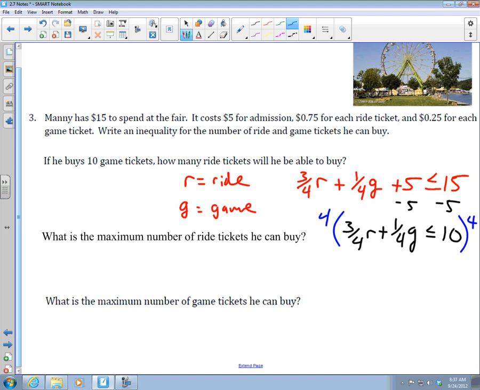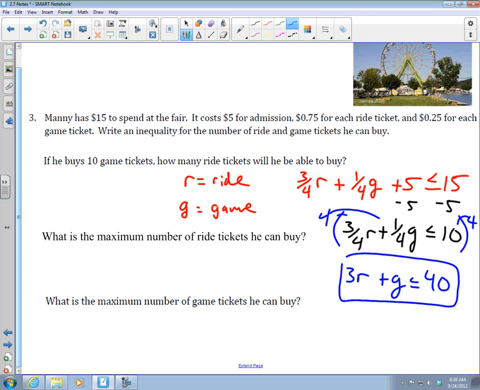So multiply both sides by 4. 4 times 3/4 is 3R. 4 times 1/4 is going to be 1G. It's less than or equal to, and then 4 times 10 is 40. So here's what I'm working with right here. 3R, or 3 ride tickets plus 1 game ticket should be less than or equal to 40 tickets.